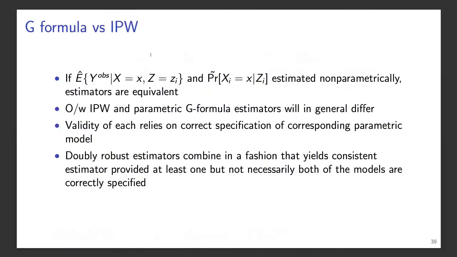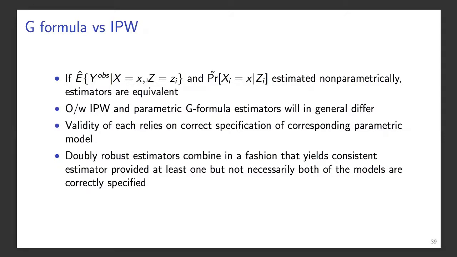So I've introduced two methods, the G formula and IPW, that are used for causal inference in observational settings. To do these, we have to estimate either the conditional mean of the outcome or the propensity score. And if you do both of these completely non-parametrically, then the estimators are equivalent.